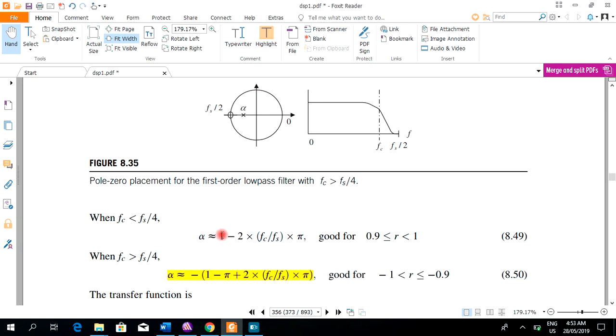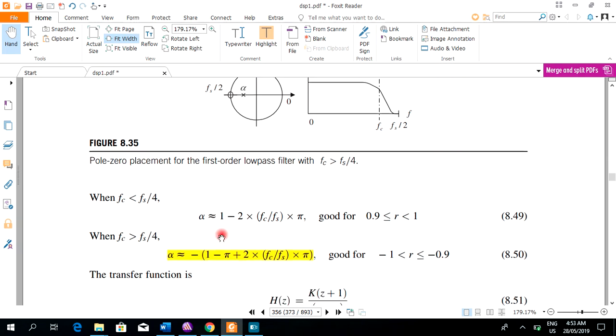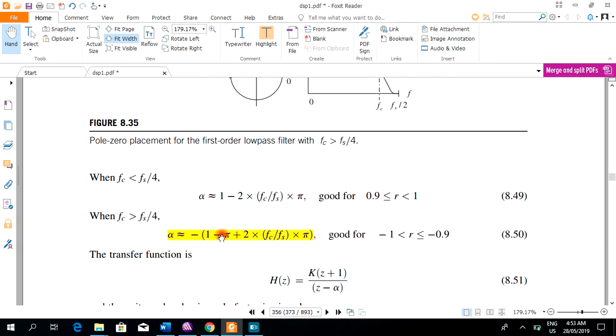If Fc is less than Fs by 4, sampling frequency divided by 4, then the unhighlighted formula for alpha will be used. The transfer function of a first order low pass filter will be K into z plus 1 over z minus alpha in this case.